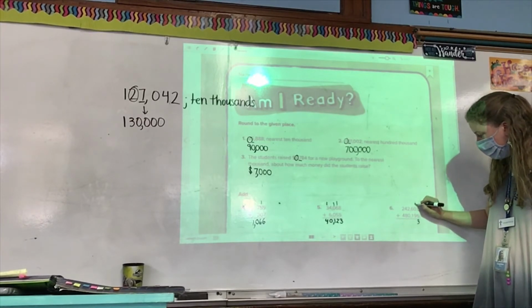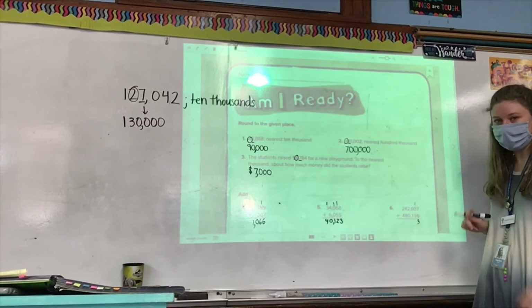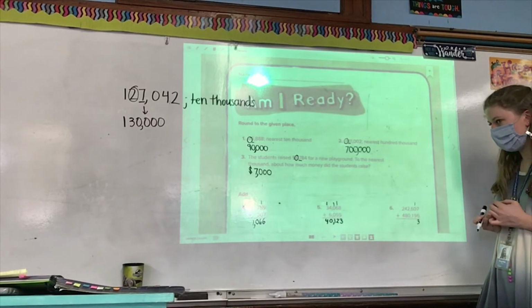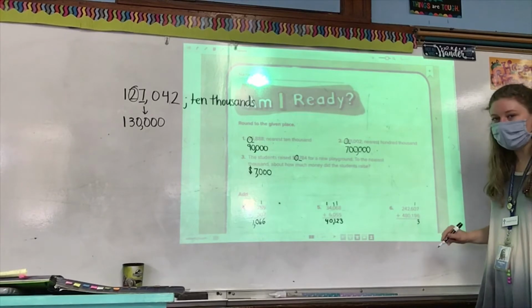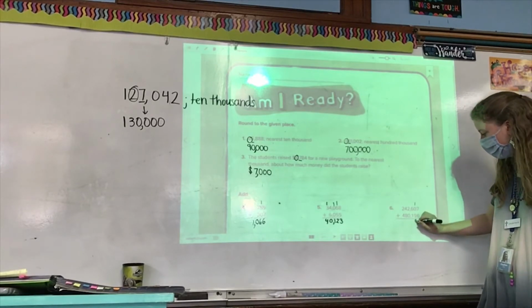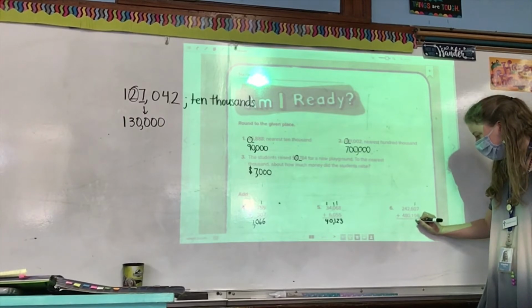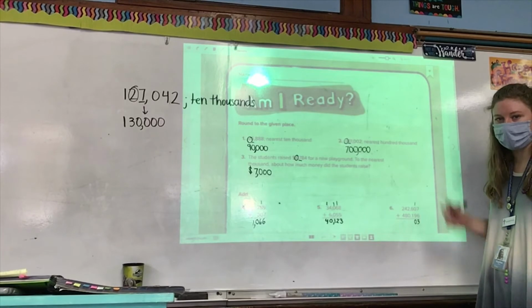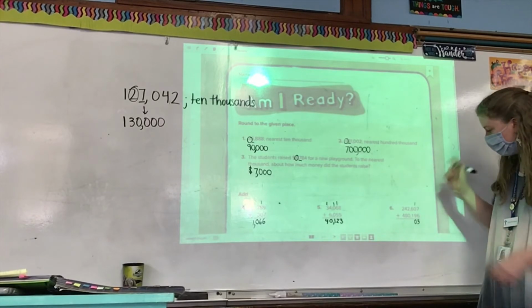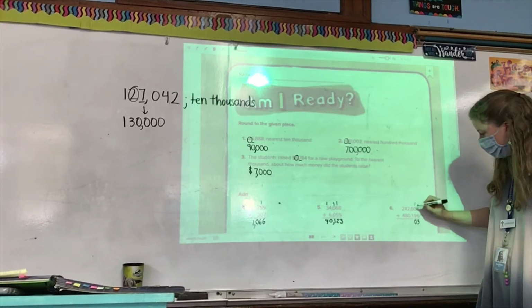Regroup it to the tens place. Okay, step 2. Add the tens. 0 plus 9 is 9, plus our regrouped 1, 10. But we leave the 0 in the tens place and we do what with the 1? Regroup it to the hundreds place.